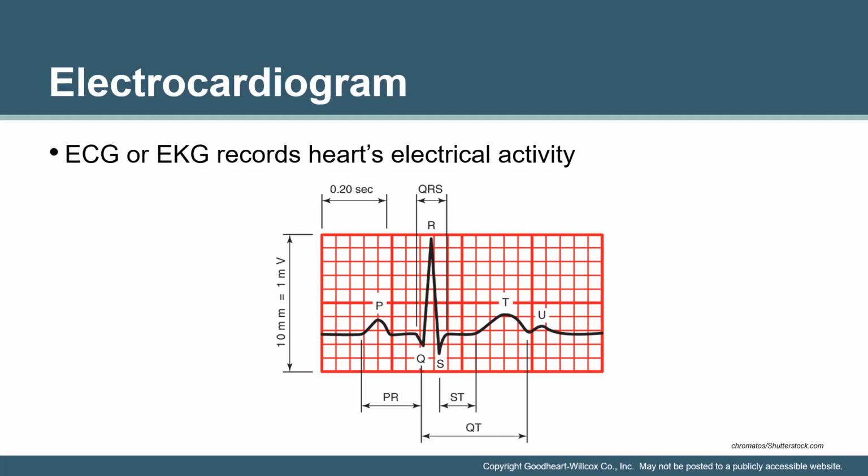The QRS complex is the biggest, sharpest peak you see on an EKG. It shows us that the impulse travels to the Purkinje fibers, and then we have ventricular depolarization, which will lead to a ventricular contraction.